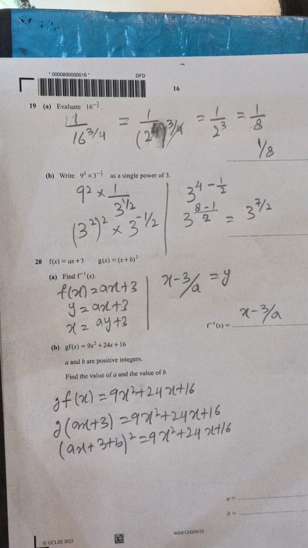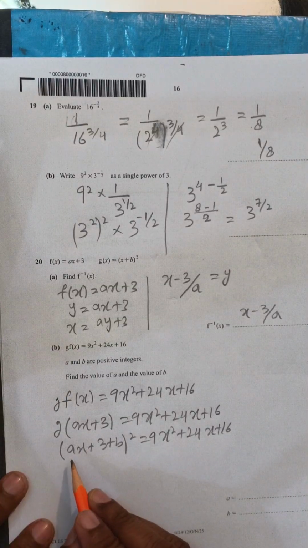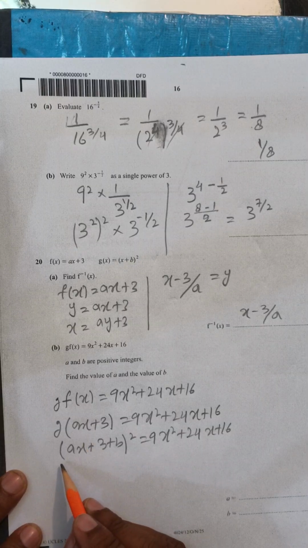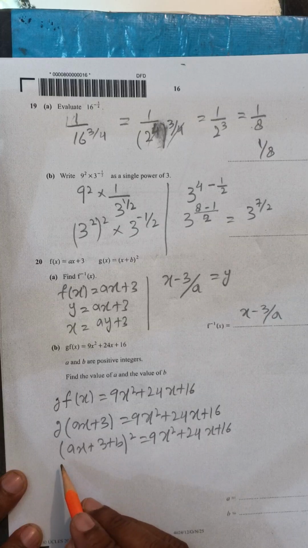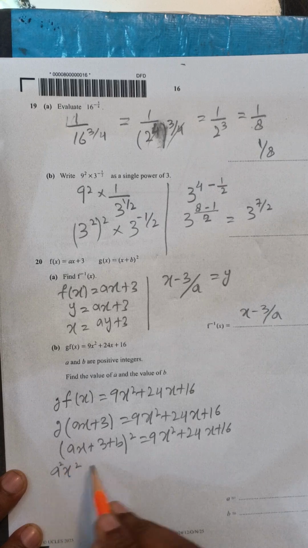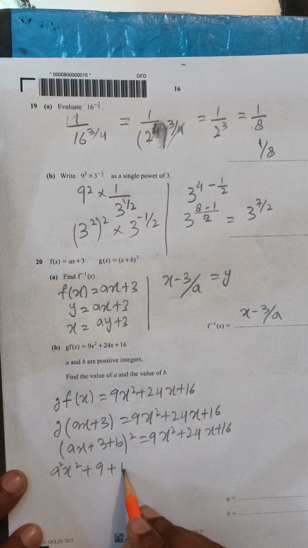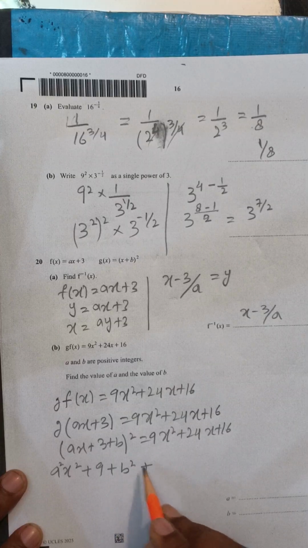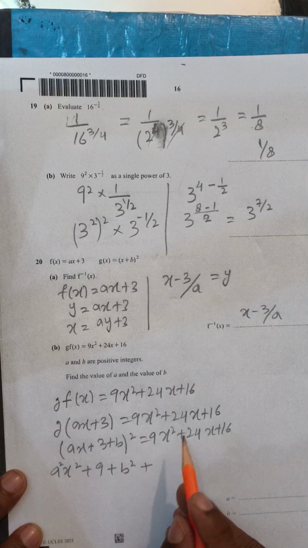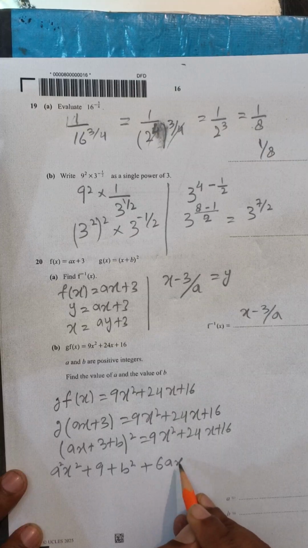Now expand this using the formula of square for three terms. I directly write the formula here. That will be a square x square plus square of 3 is 9 plus square of b is b square. Similarly a into 3, so 2 times a x times 3 is 6ax.